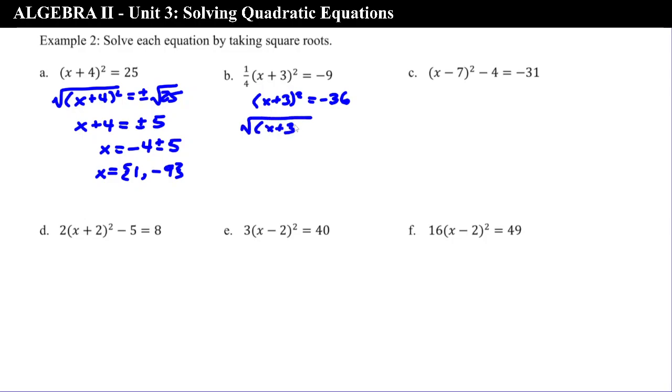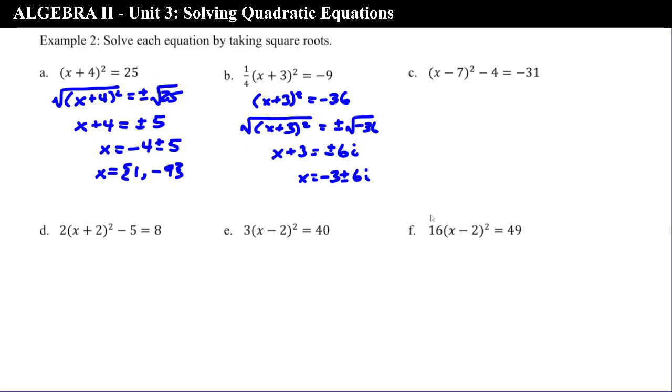X plus 3, quantity squared, equals plus or minus the square root of negative 36. And so we get on the left-hand side x plus 3. On the right-hand side, we get plus or minus 6i. And then we subtract 3 from each side. And I'm going to stick it out in front. And that's our final answer, negative 3 plus or minus 6i.